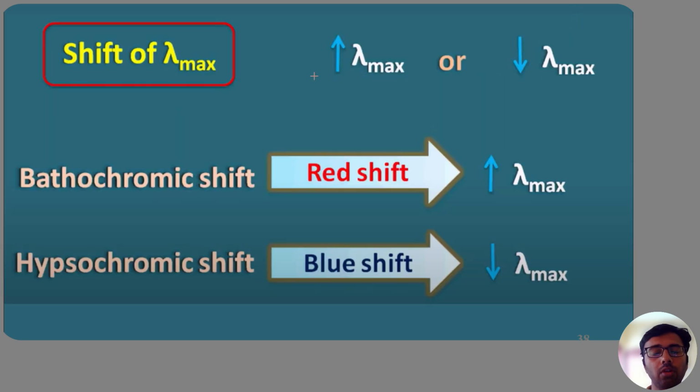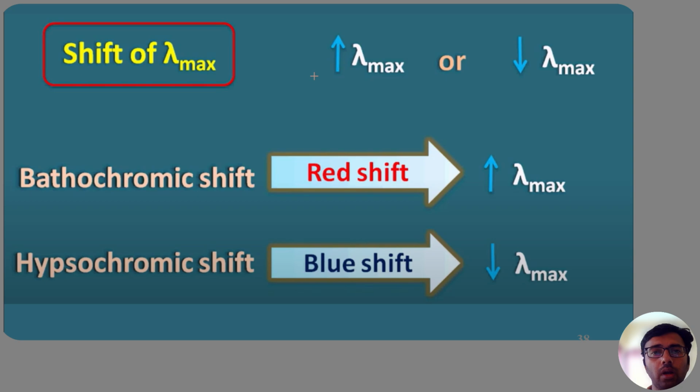When a molecule experiences external physical perturbations, the entire absorption band can move along the wavelength axis. We classify these movements into two major spectral shifts. First, if the absorption maximum moves toward a higher wavelength, we call this a bathochromic shift.